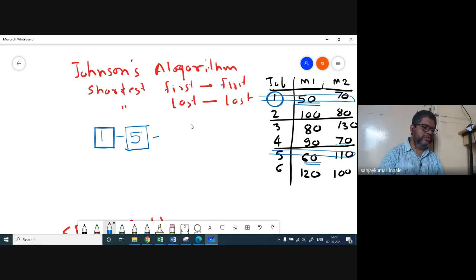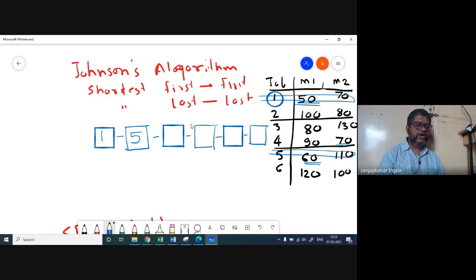So what we have to do is create the blocks: first job, third job, fourth job, fifth job, and finally we have to schedule the sixth job. Now what we'll find, this 70 is the shortest last operation because it is on machine 2. Machine 1 is the first operation, machine 2 is the last operation. So 70 is the last operation, so job 4 is to be scheduled last. Got it?